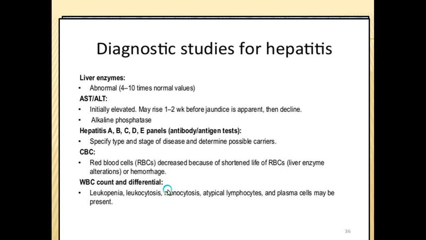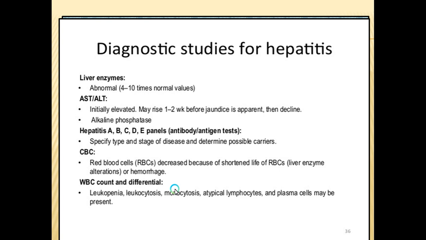Next is monocytosis, that is increased monocytes. They are present in chronic liver failure or maybe with alcoholic hepatitis.